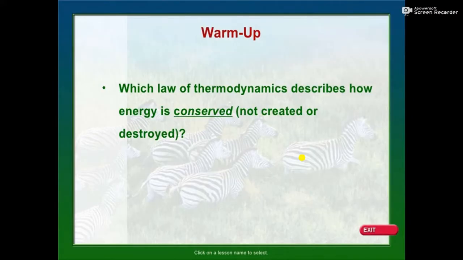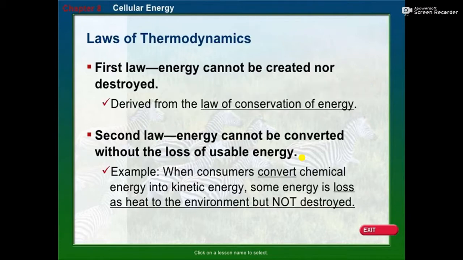So before starting the lesson, we have to warm up some common things. Which law of thermodynamics describes how energy is conserved? That is the laws of thermodynamics. First law: energy cannot be created nor destroyed, derived from the law of conservation of energy.